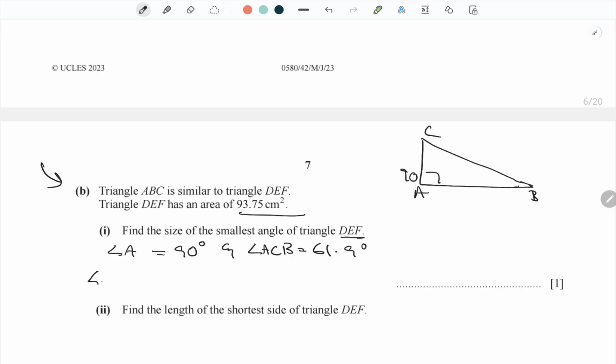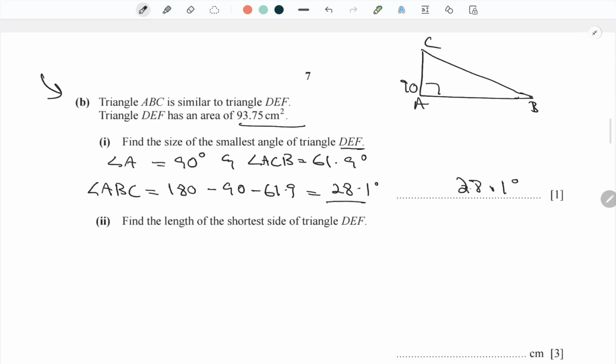Now for angle ABC, we subtract 180 minus 90 minus 61.9, so we get 28.1 degrees, right? Therefore the smallest angle in triangle DEF is 28.1 degrees. So this is the answer.